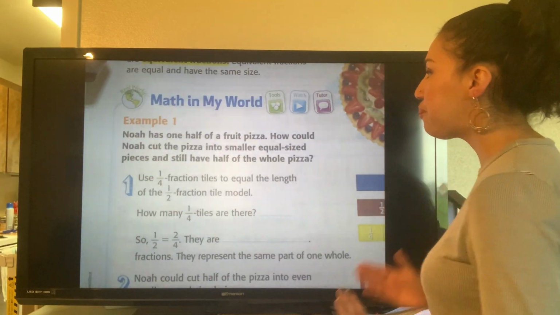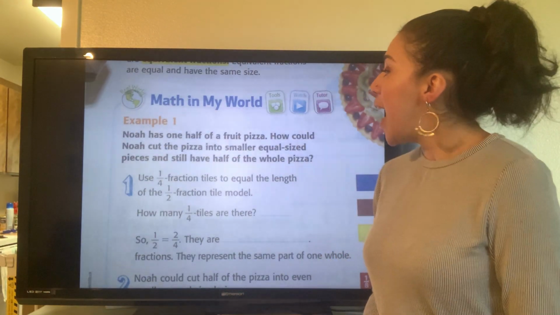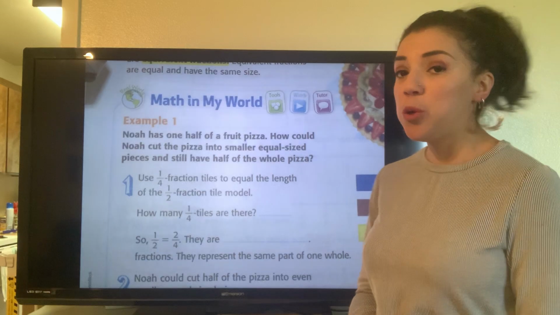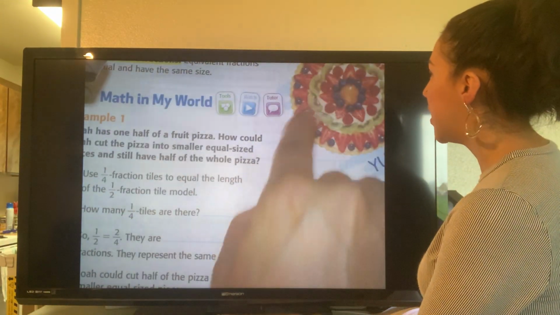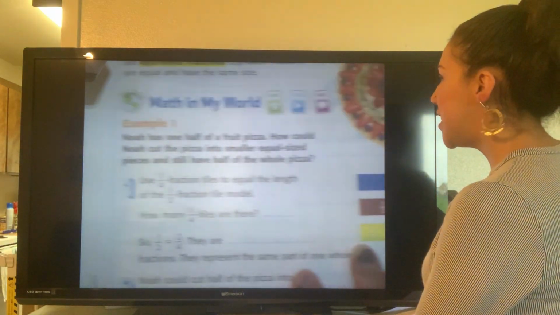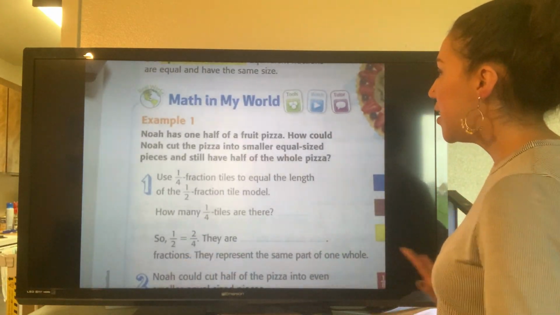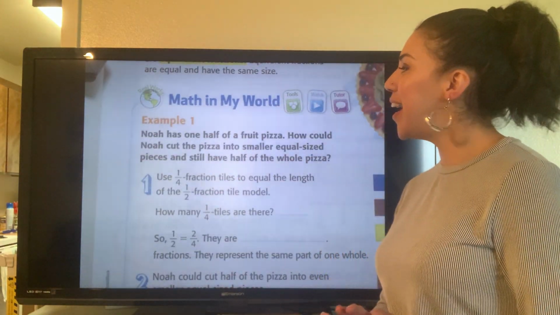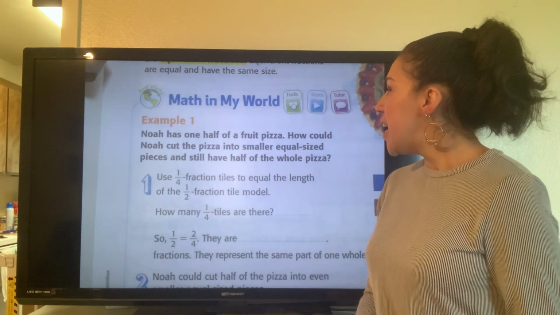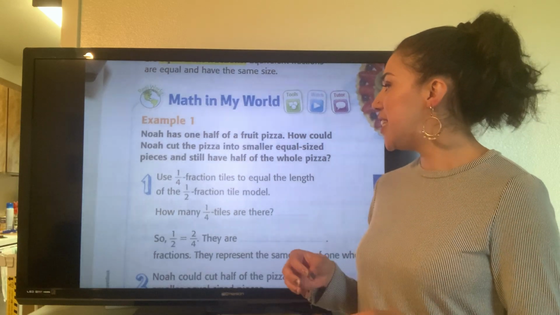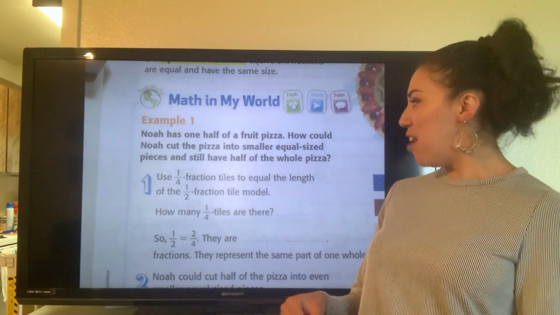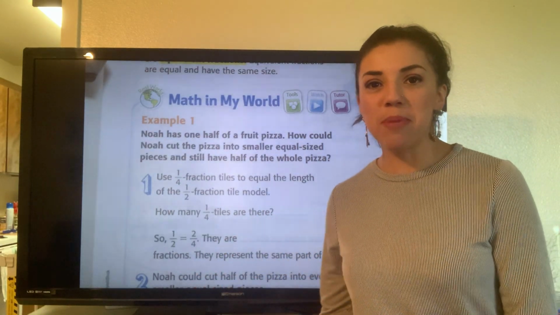Okay, math in my world. Example 1. Noah has 1/2 of a fruit pizza. Now that fruit pizza, you guys can see it over here. There it is, fruit pizza. It is a thing. How could Noah cut the pizza into smaller, equal-sized pieces and still have half of the whole pizza?